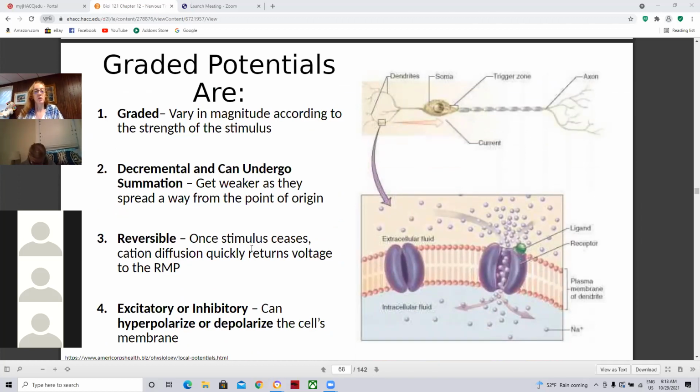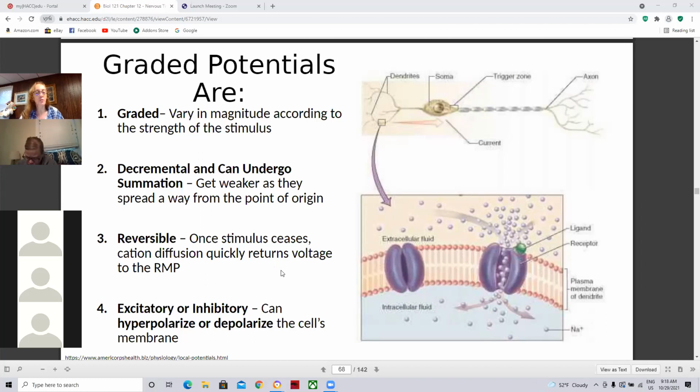They're reversible. Once the stimulus ceases, the cation diffusion returns the voltage back to the resting membrane potential. They're inhibitory or excitatory, meaning that they can hyperpolarize or depolarize the membrane.